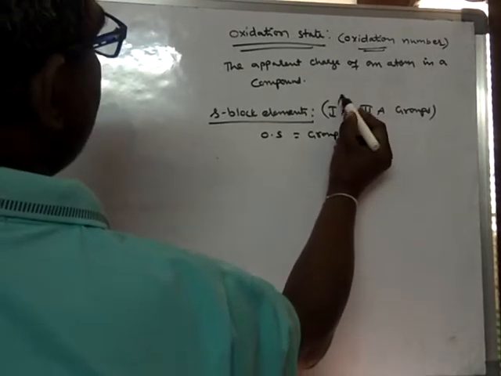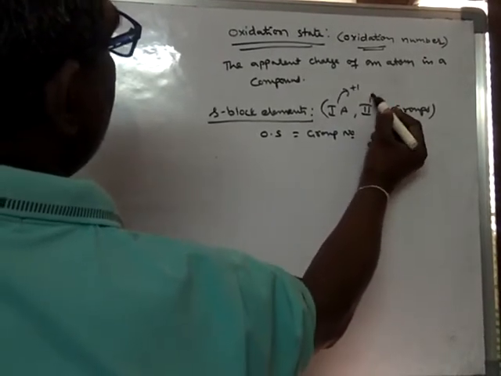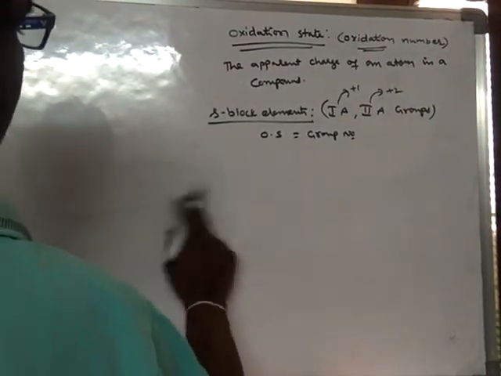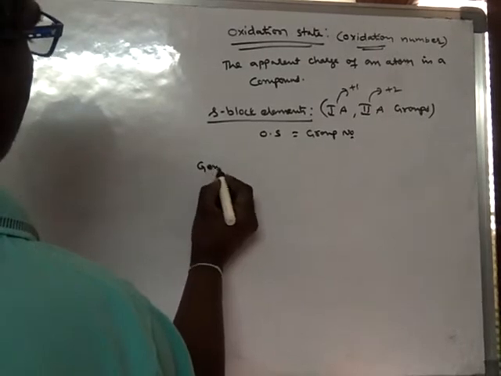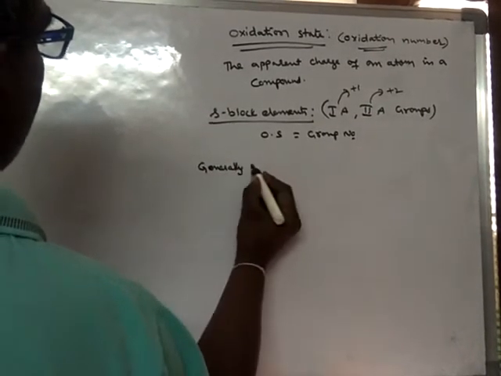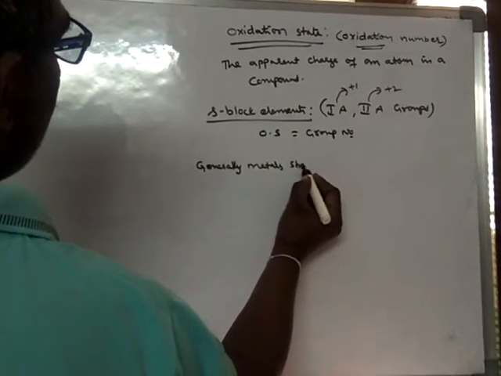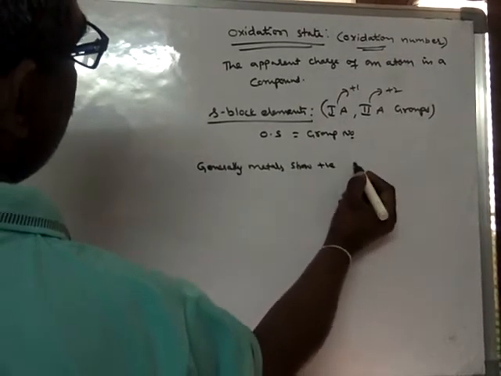So that means its oxidation state is +1, its oxidation state is +2. Generally metals show positive oxidation state.